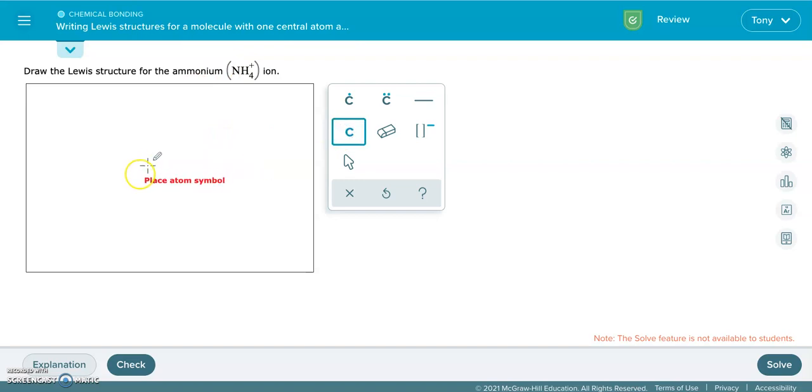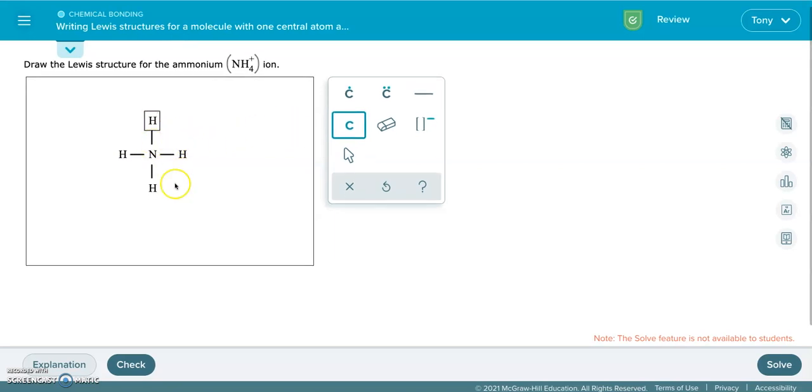So again, step 1, count the valence electrons, really important thing to do there. So I'm going to put nitrogen in the middle, and then I know that the hydrogen is going to be arranged around that. Each hydrogen really only wants to have 1 bond. Really not very many options for us, in terms of different ways to draw this picture. So I'm going to put in my hydrogens, like this.